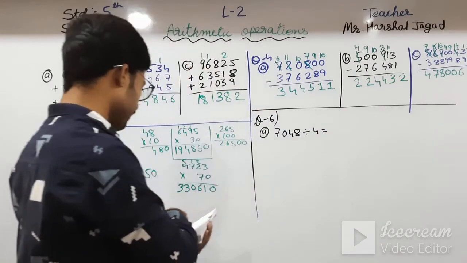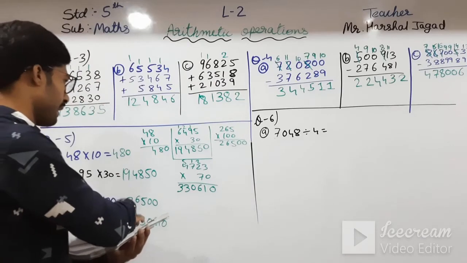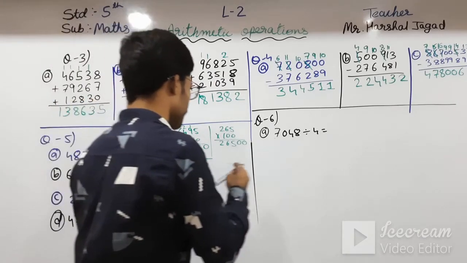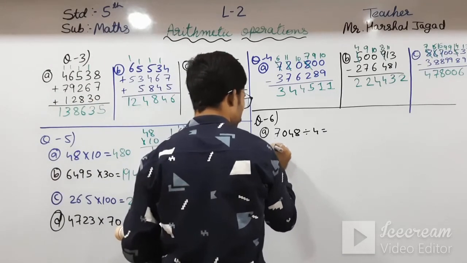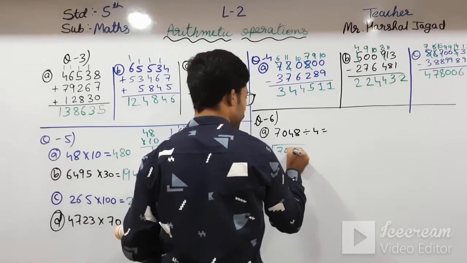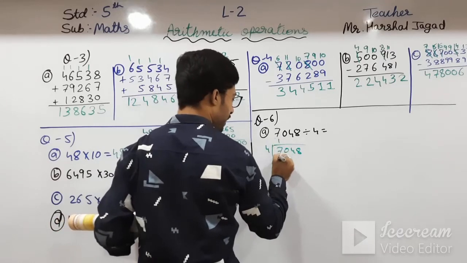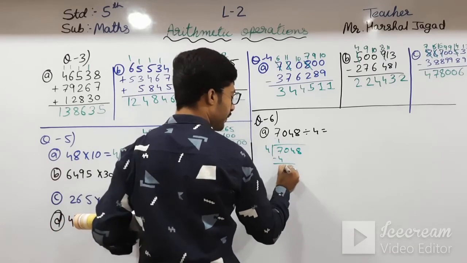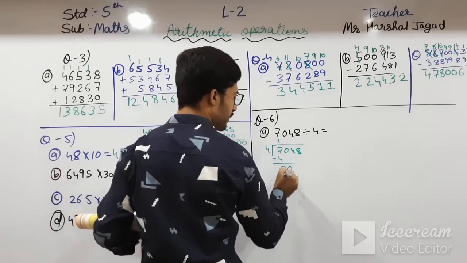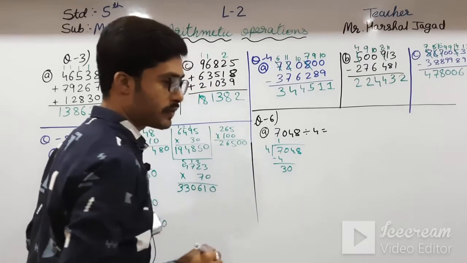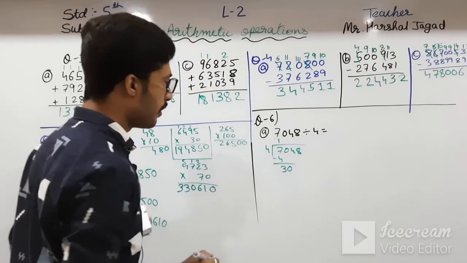So how will we divide this? Let us do this. So 7048. First of all, 4 ones are 4. How many remaining? 3. Here comes 0. Now speaking the table of 4.